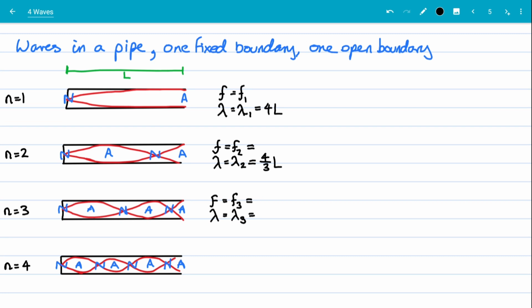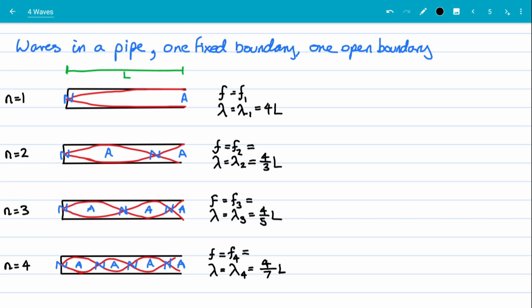So that's going to be 4 over 5 L is equal to lambda. And then the same thing here, frequency, and you probably spotted the sequence already for the wavelength, and we're going to use that to figure out what's going on with the frequencies. So lambda 4 is going to be 4 over 7 L, like that.